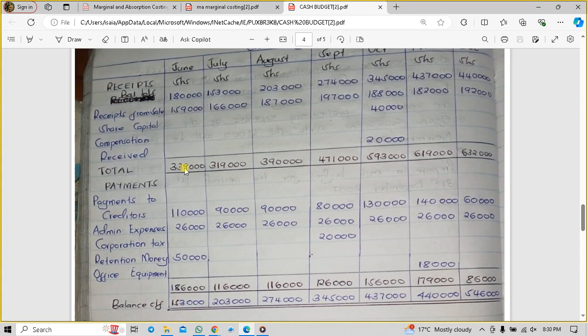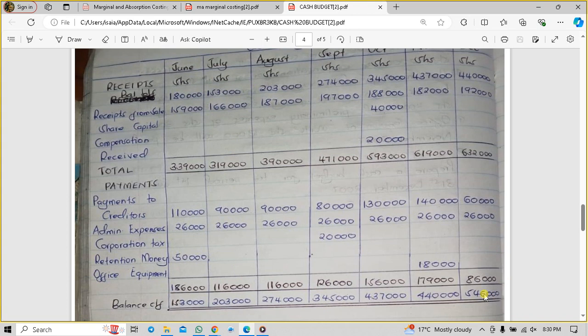Then you subtract 339,000 minus 186,000. You get this so that you can fill in the balance brought down for the month of July. For July, do the same. Then you proceed up to the last month. And this is how you prepare a cash budget.